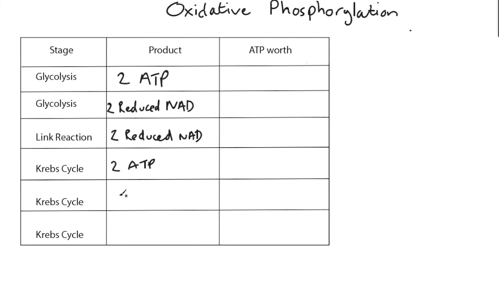Again, the Krebs cycle happens twice. 6 reduced NAD and 2 reduced FAD, something that we hadn't come across earlier. Now, apart from the ATP, these NADs and FADs convert to how much ATP they're worth. But we'll go back to that in a minute.